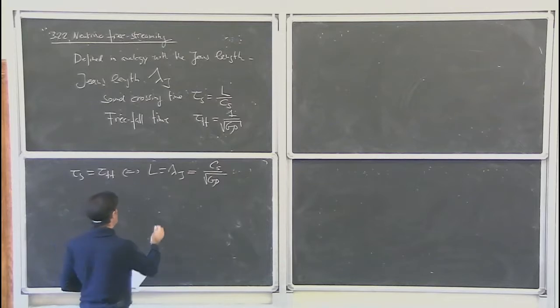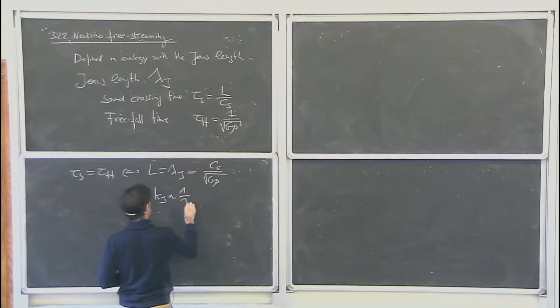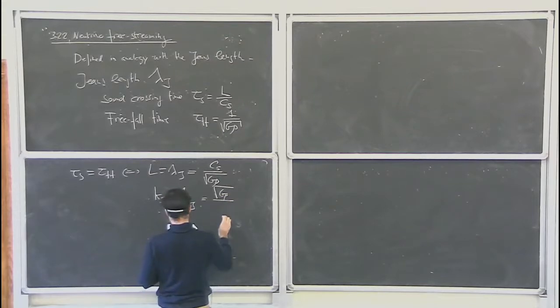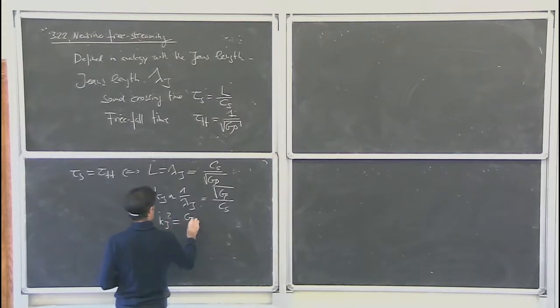Then you can define a Jeans wave number, which is 2 pi over lambda J, but let's forget about the 2 pi at the moment. That would go like square root of G rho divided by CS. Or equivalently, k_J squared is G rho divided by CS squared.